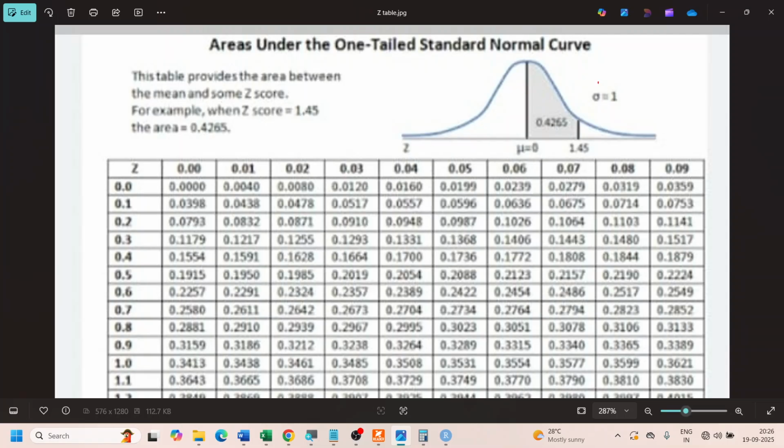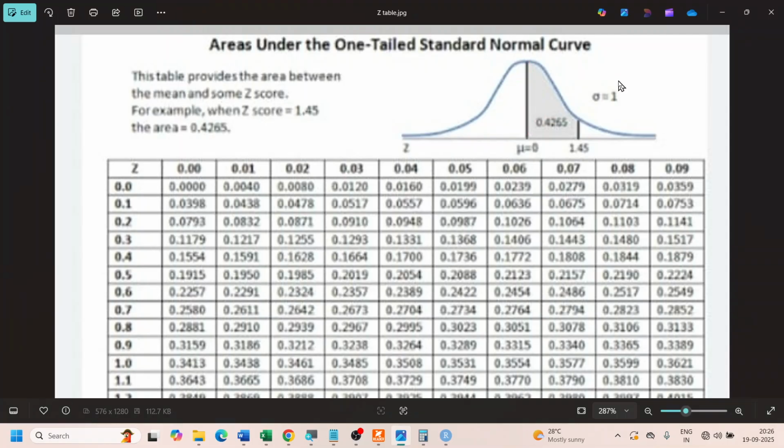The total area is 1. Left side of the middle value you have the probability 0.5, right side also you have the probability 0.5. Total value will be 1.